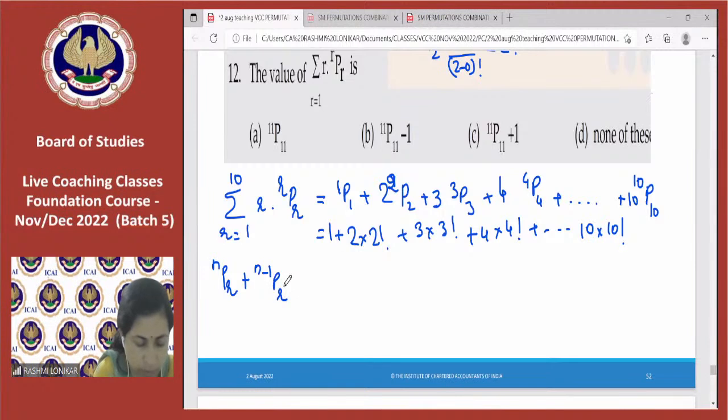Have you understood this summation? Just let me know first. Okay, why is there this confusion over there?